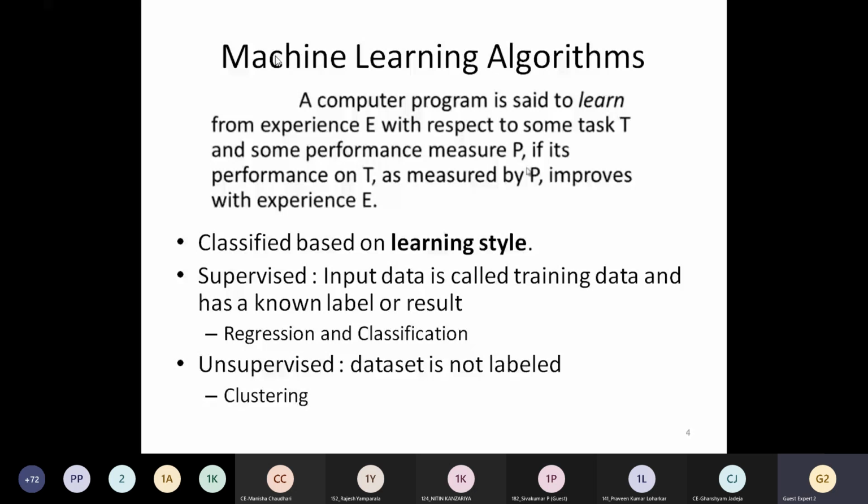Now machine learning algorithms are classified in three categories based on their learning style: the supervised machine learning algorithm, the unsupervised machine learning algorithm, and the third category, semi-supervised. In a supervised machine learning algorithm, your data set has a label, or a response variable or target variable. That means in your data set, along with features, a response value is also given.